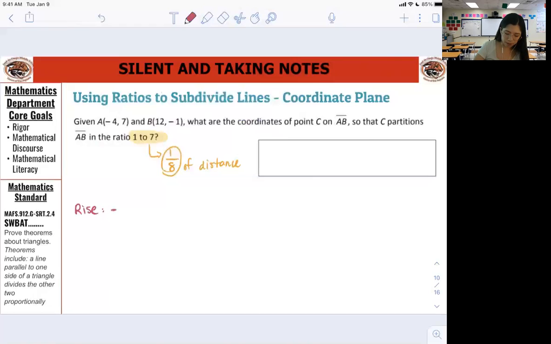Good, -1 minus 7. -1 minus 7 gives me good, -8.